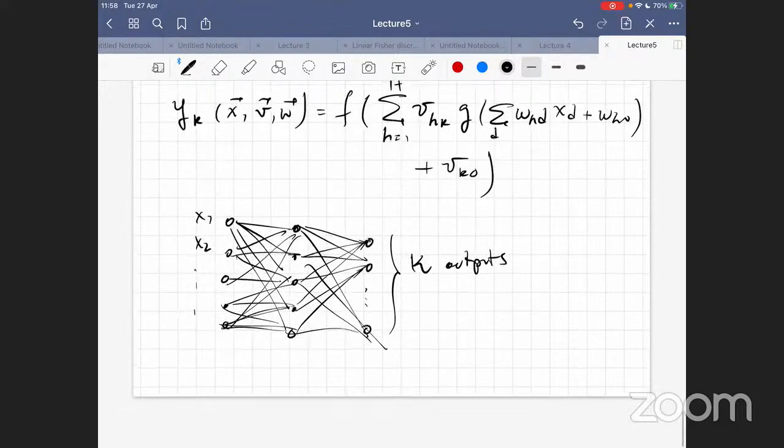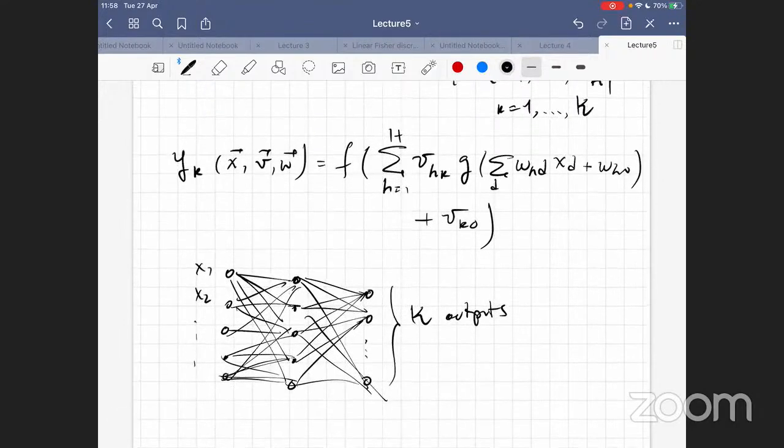And this is a representation of a one hidden layer feed-forward neural network that now is used for classification because I need k outputs.